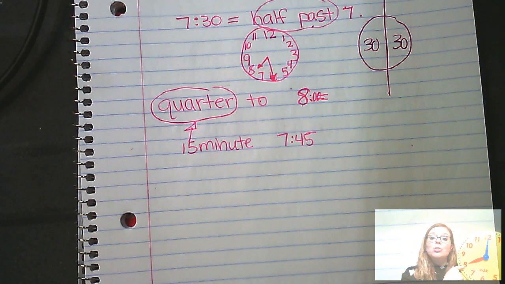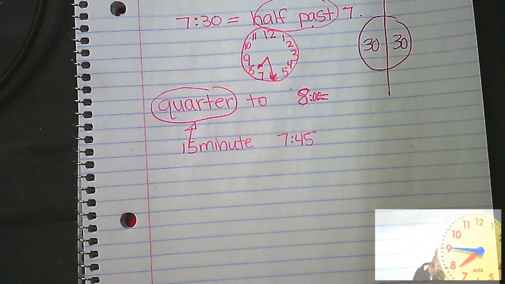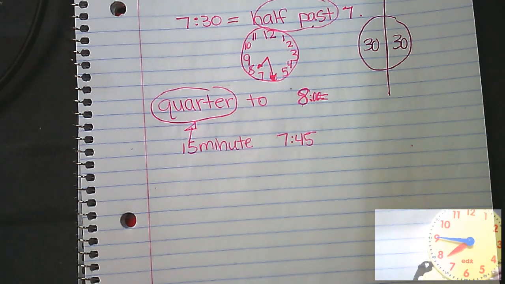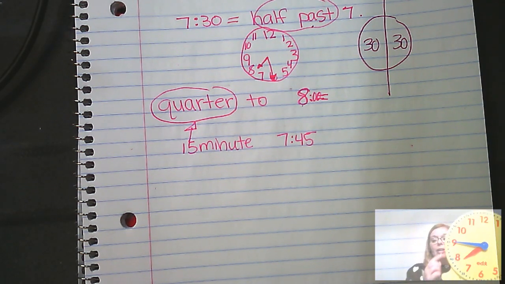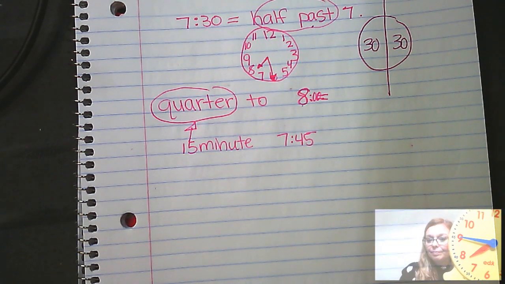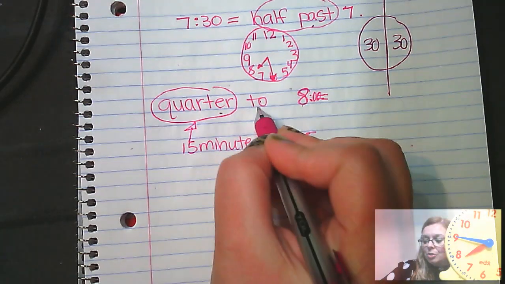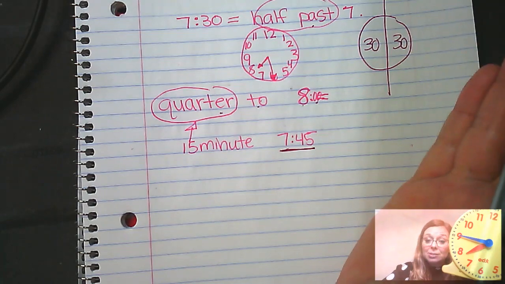So 7:45 is 7, and then count with me. Ready? 5, 10, 15, 20, 25, 30, 35, 40, 45. 7:45. And that's what we're learning today.